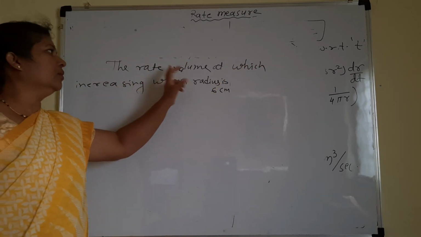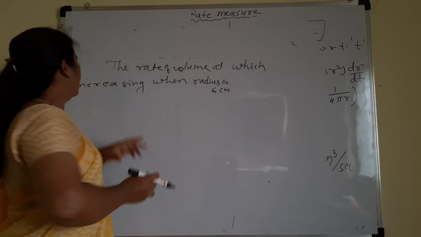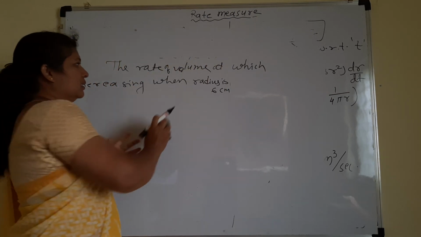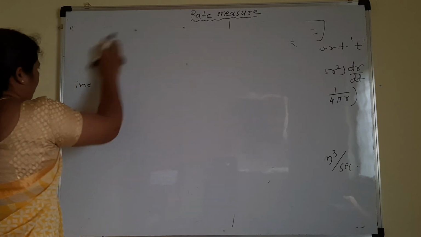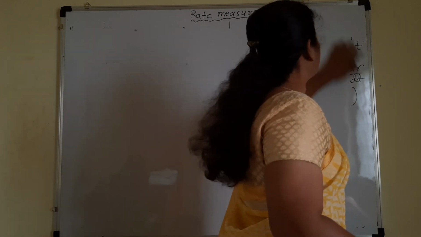The rate at which the volume is increasing when radius is 6 centimeter is nothing but 6 centimeter cube per second.